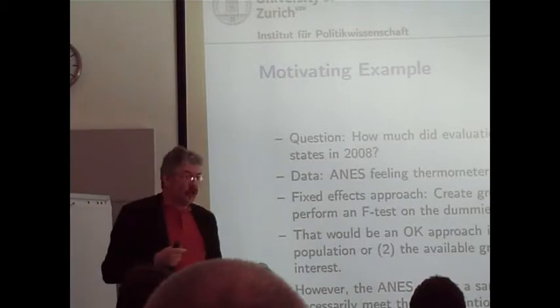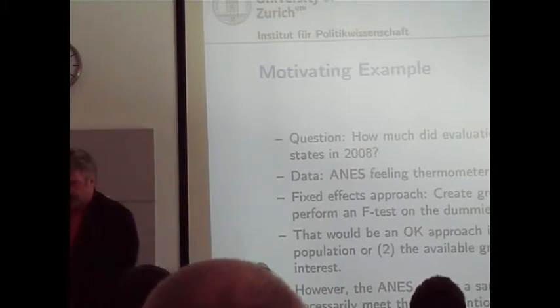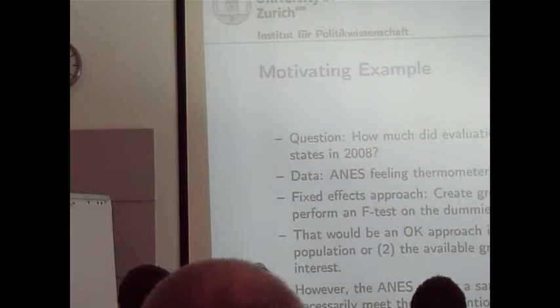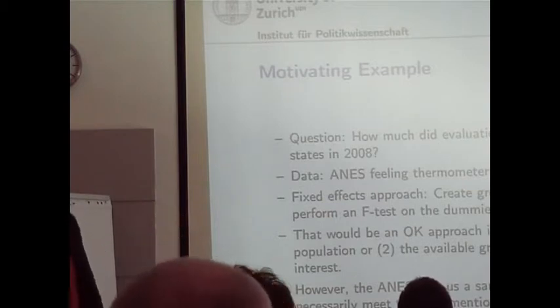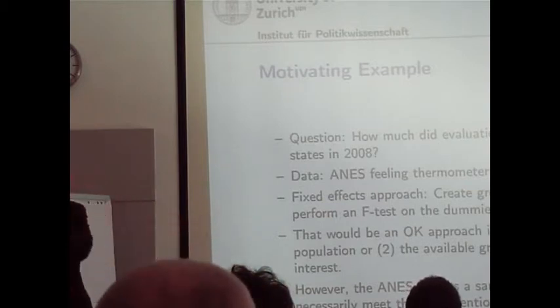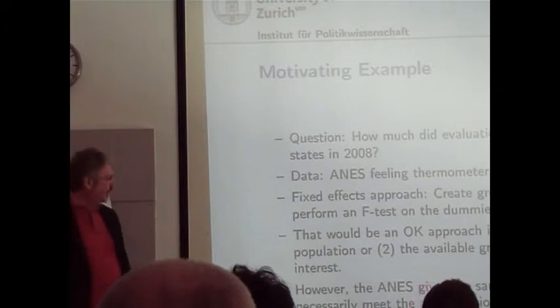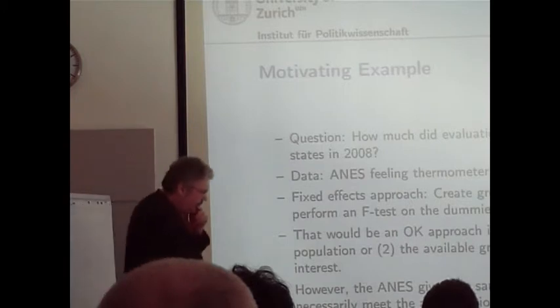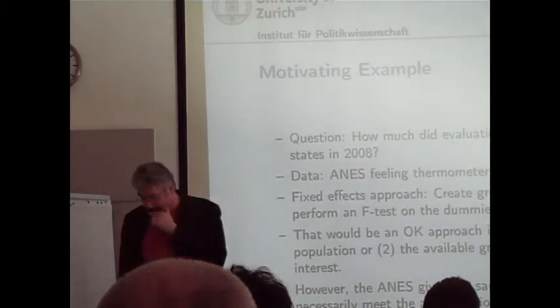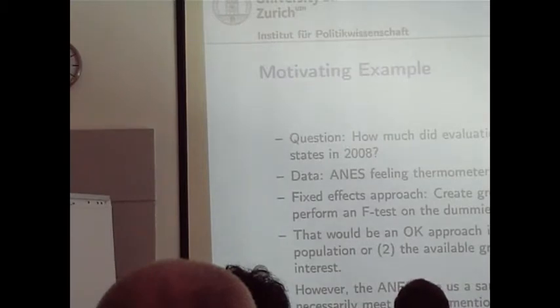You can do that by introducing state dummies, which are then the only predictors in the model, and then you do an F-test on those dummies. The null hypothesis is that the effect of each and every dummy is 0, and you test that hypothesis with an F-test. Now, that's not a terrible approach to the problem, but it's also not an optimal approach.